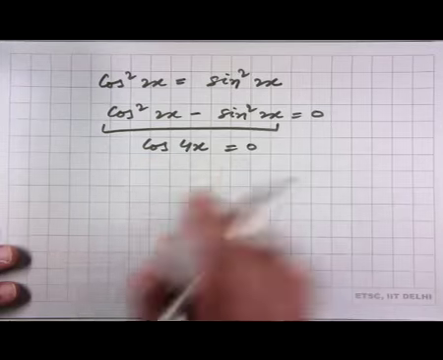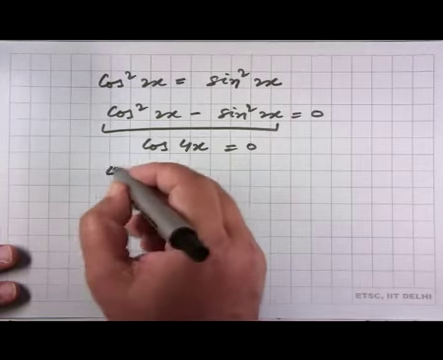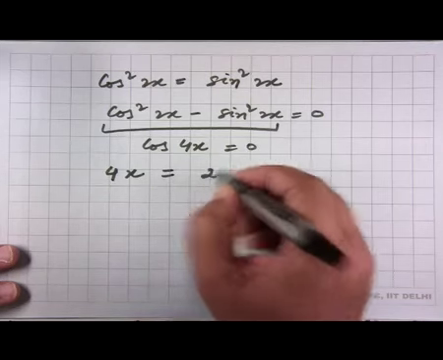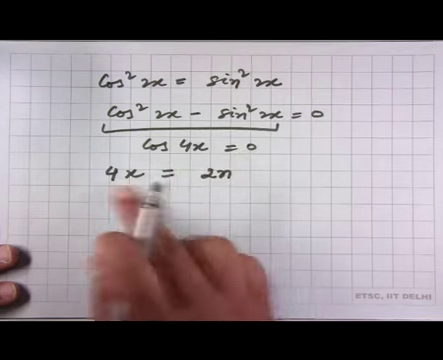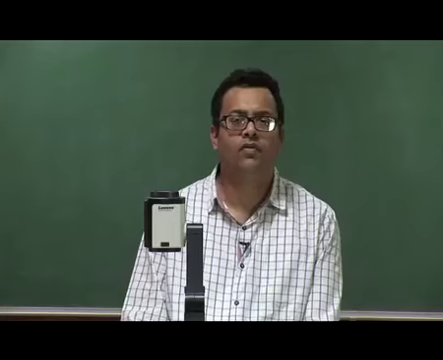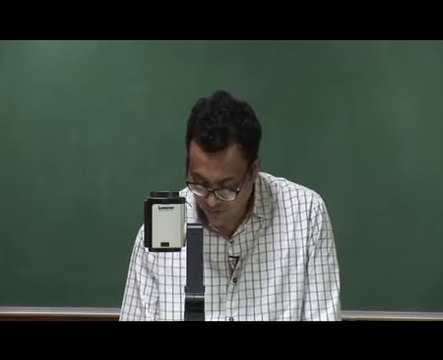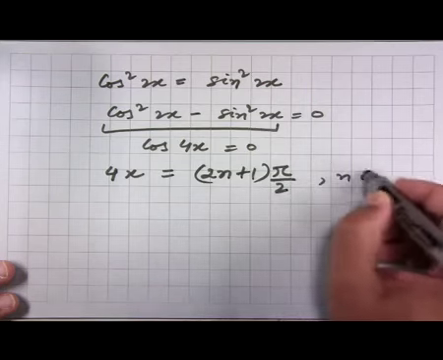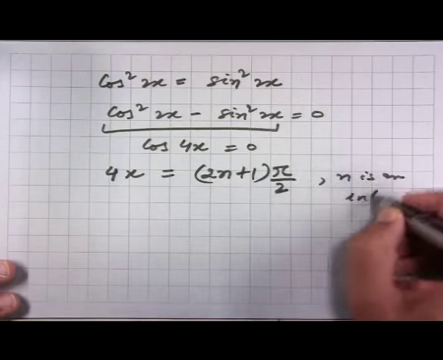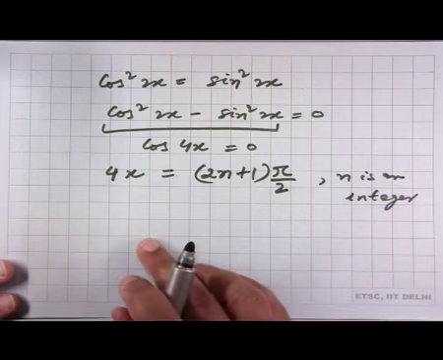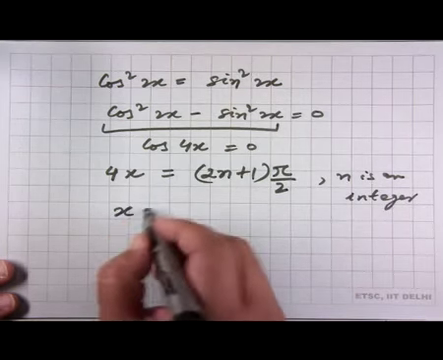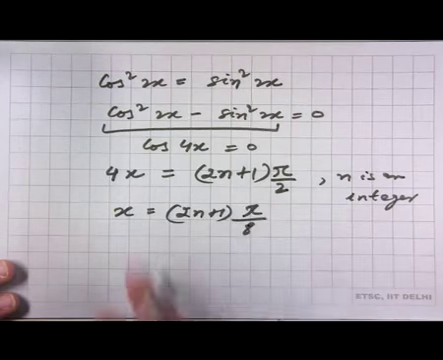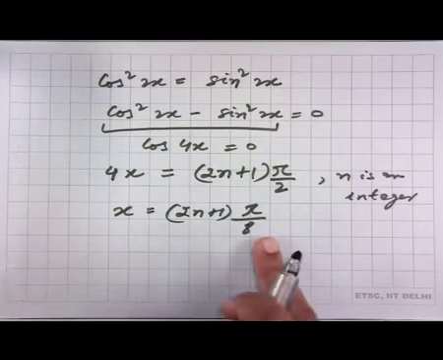So, the solution to this equation, in the general solution, is that 4x is of the form... So, this 4x has to basically be an odd multiple of pi by 2. So, I can write it as 2n plus 1 times pi by 2, where n is an integer, and from here it follows that x has to be of the form... So, x is basically an odd multiple of pi by 8.